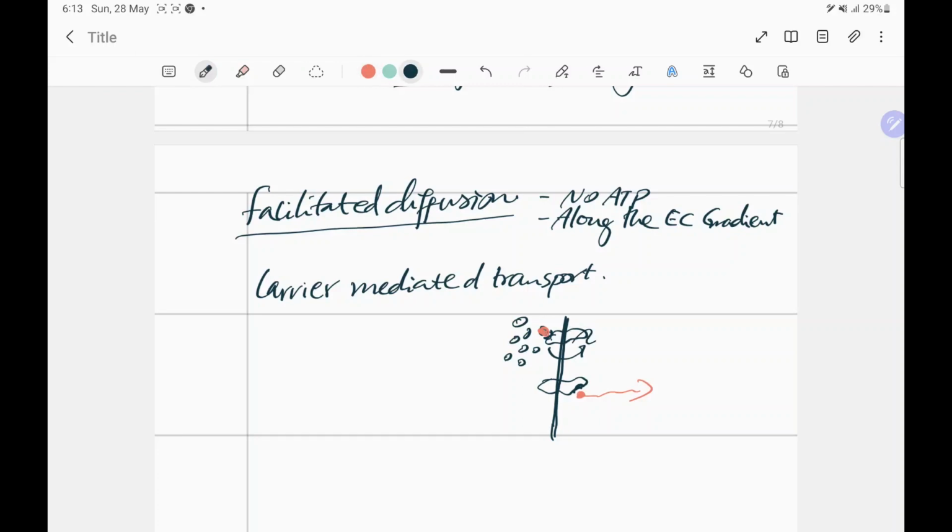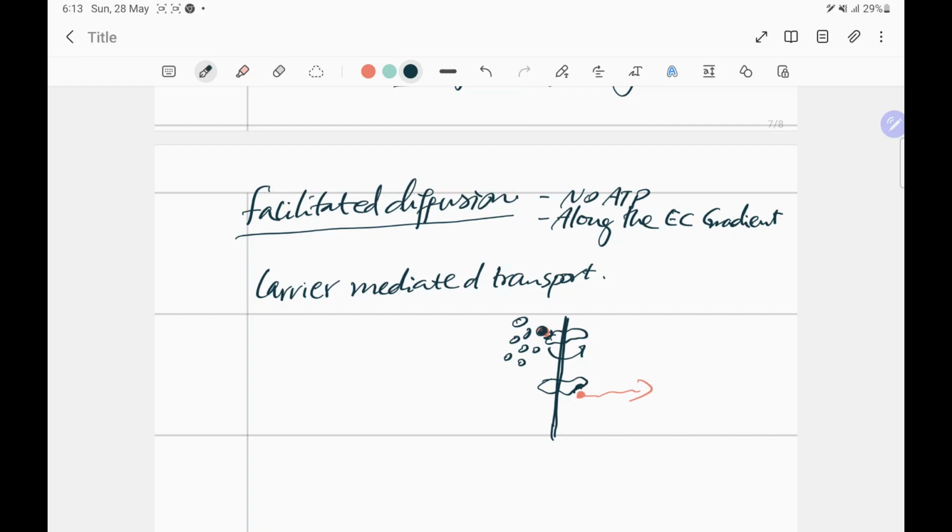It's the same molecule as these other ones, okay? And because there are so many more molecules on this side, it is going along the gradient, but it needs a little extra help. Maybe because this molecule is too big, maybe because it has a charge, and charges don't do so well crossing membranes. So for that reason we have these carrier mediated transports, and they're very important in transporting substances from one side to another.